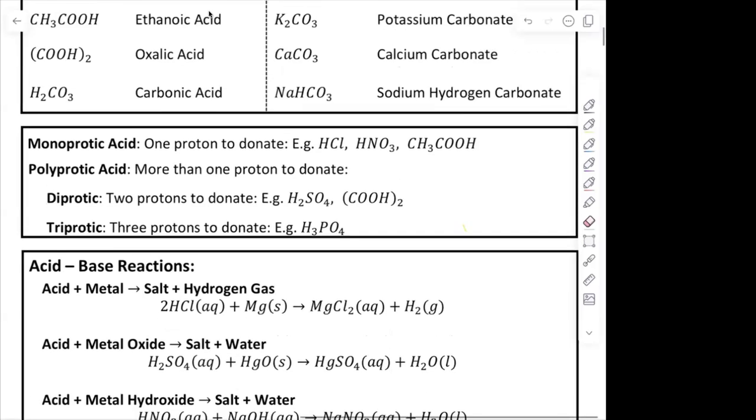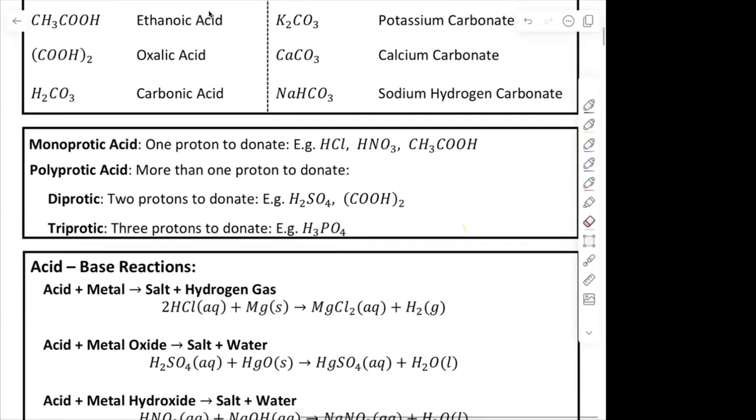CH3COOH, our ethanoic acid, only has 1 H to give. Don't make the mistake of thinking ethanoic acid is a polyprotic acid, because the H3 in the CH3 is not going to be donated anywhere. The H that is donated is this H over there.